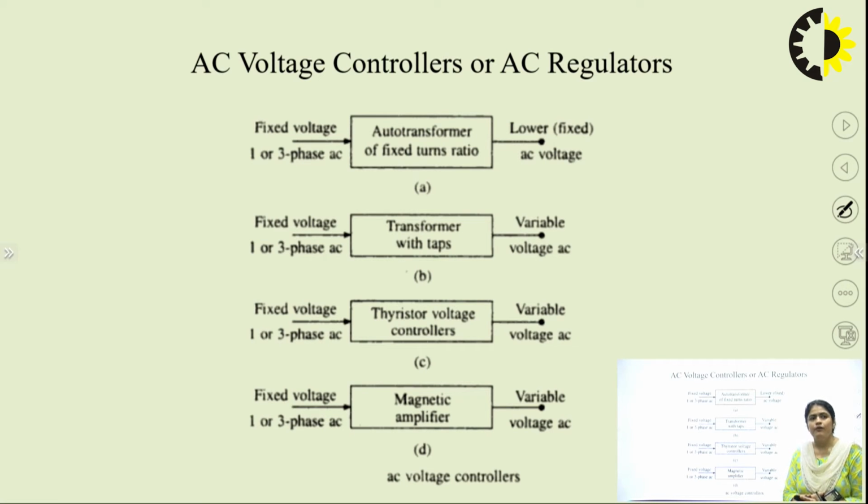With the help of an auto transformer, or a tap changing transformer, we can get a variable AC voltage supply. And the thyristor voltage controller is also there, which is based on switching devices like thyristors, that can convert the fixed AC voltage to the variable AC voltage, right?